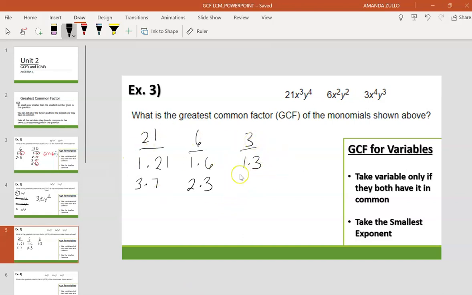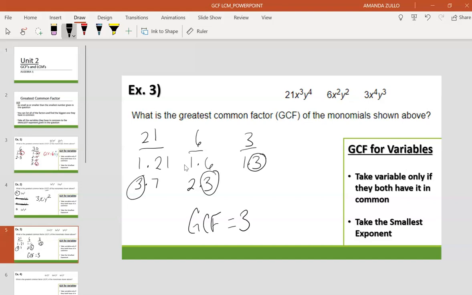So here's all of our factors. You want to take the smallest. So here's our 3. I have a 3 here, I have a 3 here, and a 3 here. So 3 is the biggest number underneath all of our terms. So our GCF is 3.